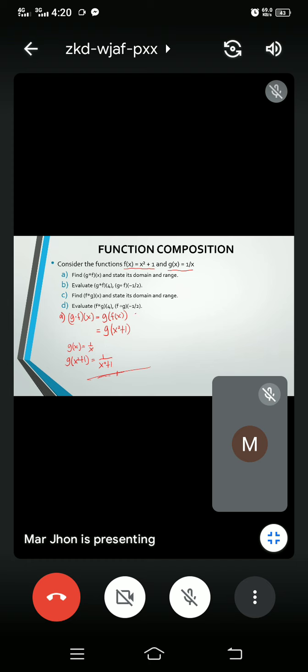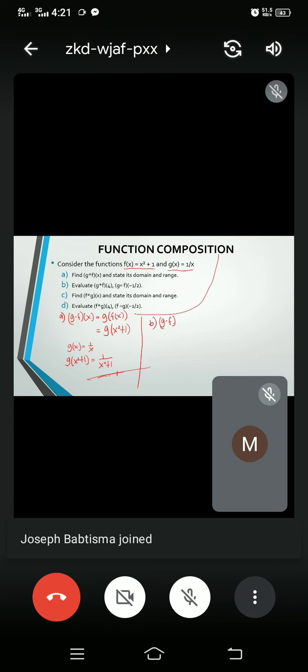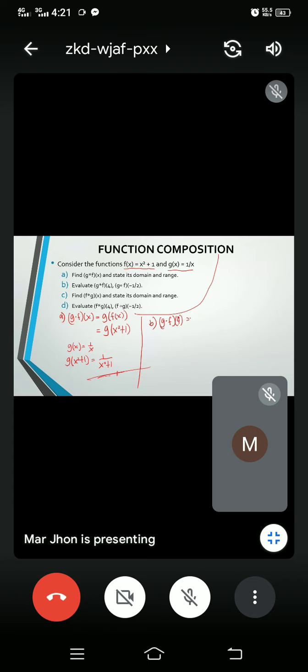Let's proceed to letter B. G times F of 4 is equal to G of F of 4.